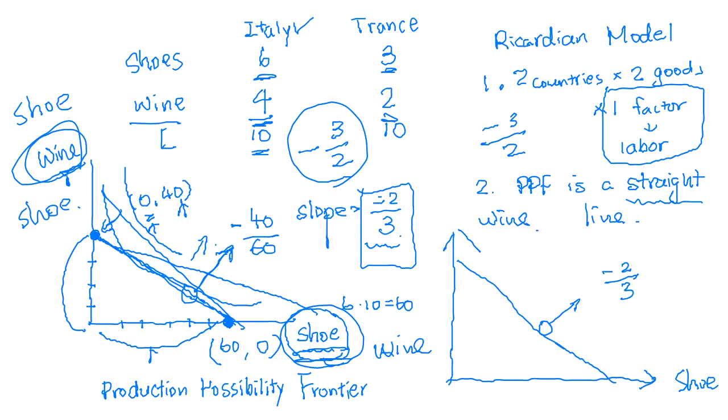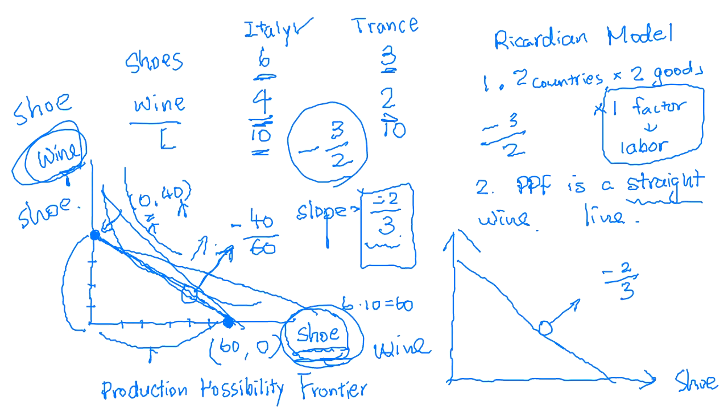And additional problems relating to the Ricardian model have been posted on Blackboard with the answer key. So if you want to get some practice, you could take a look.